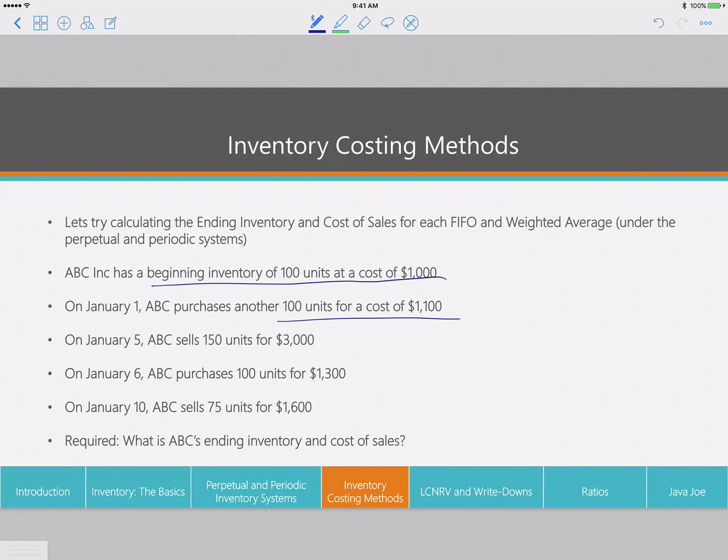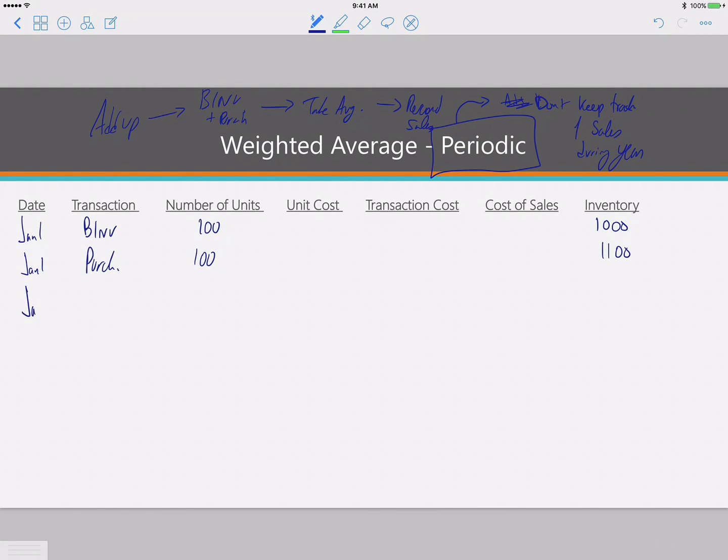Now we're going to skip this here. So we're just going to highlight this. So we're going to come back to it after. And we're just going to go straight ahead to the next purchase of inventory. So we purchased 100 units for 1,300 on January 6th. So 100 units for 1,300.